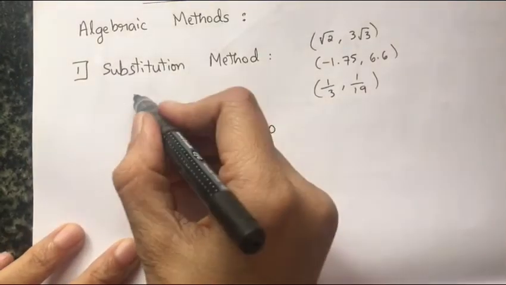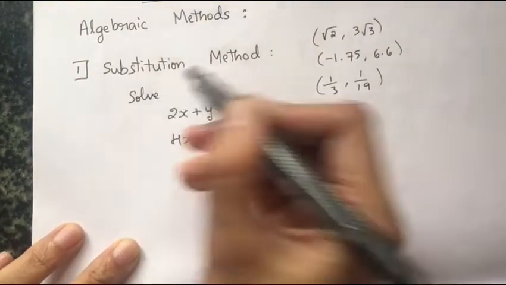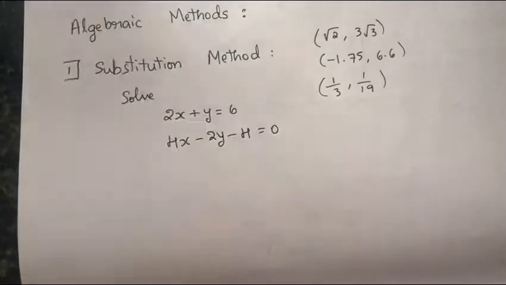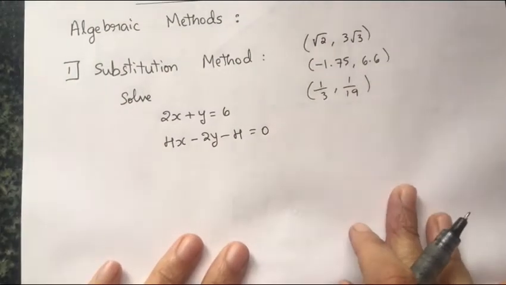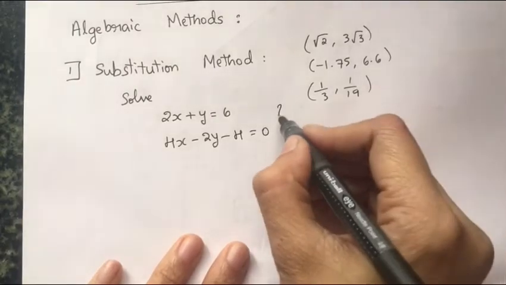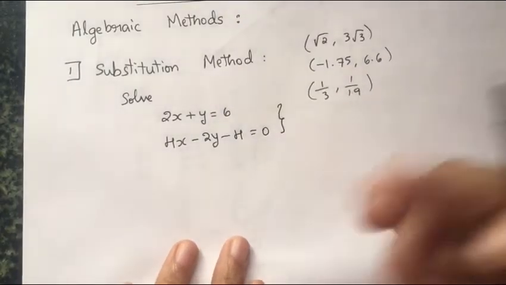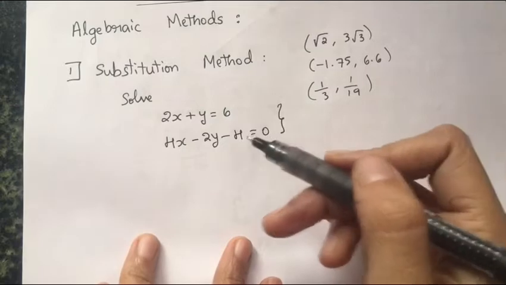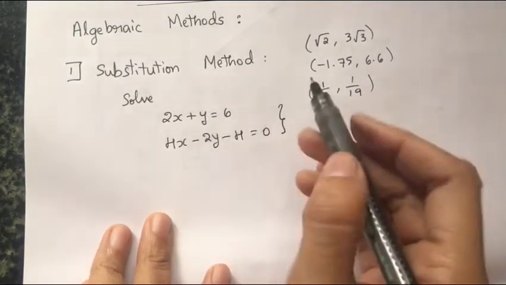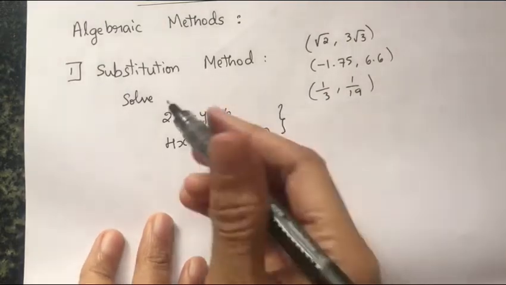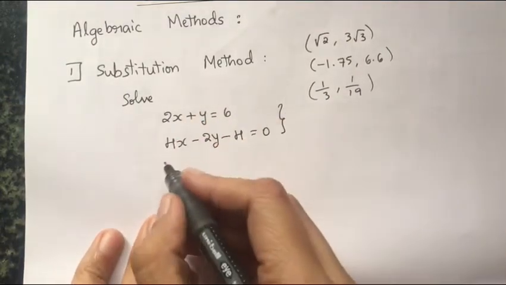You have to solve this pair of linear equations. First, you have to rewrite these two equations in such a way that one variable is written in terms of the other.